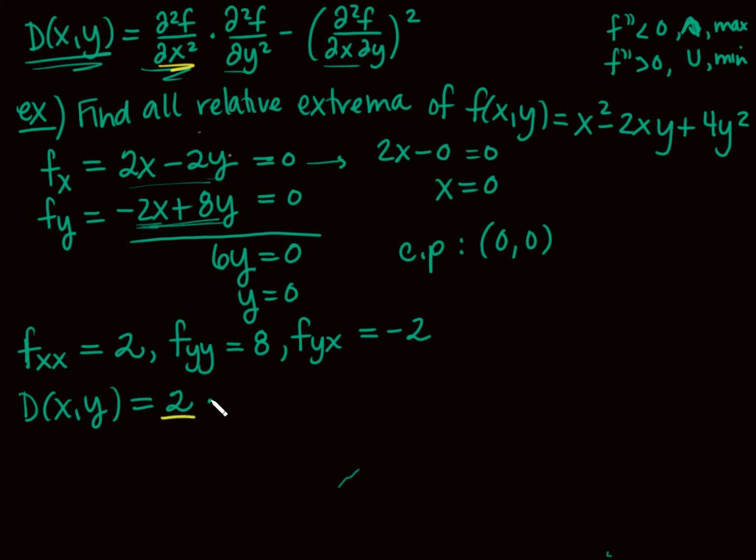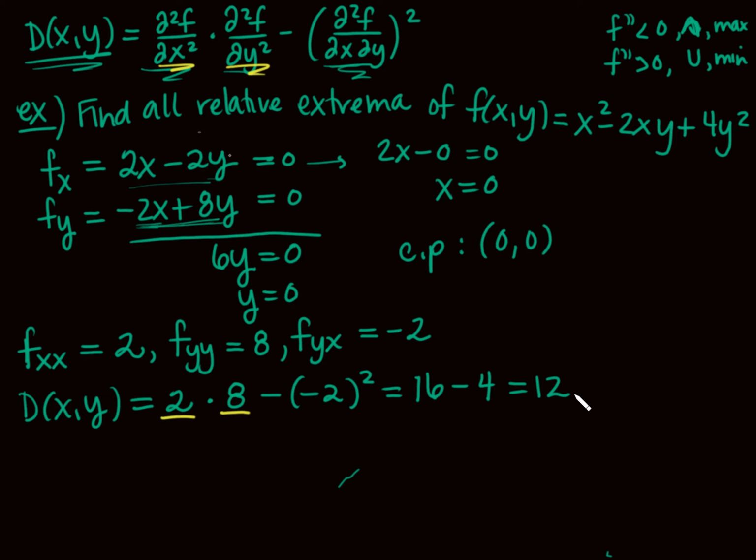Then I'm going to take the second partial with respect to y, that's that guy there. And then I subtract the mixed second partial with respect to x and y, which in this case is negative 2, and I square it. So this is 16 minus 4, because a negative 2 squared is a positive 4, so I get 12.